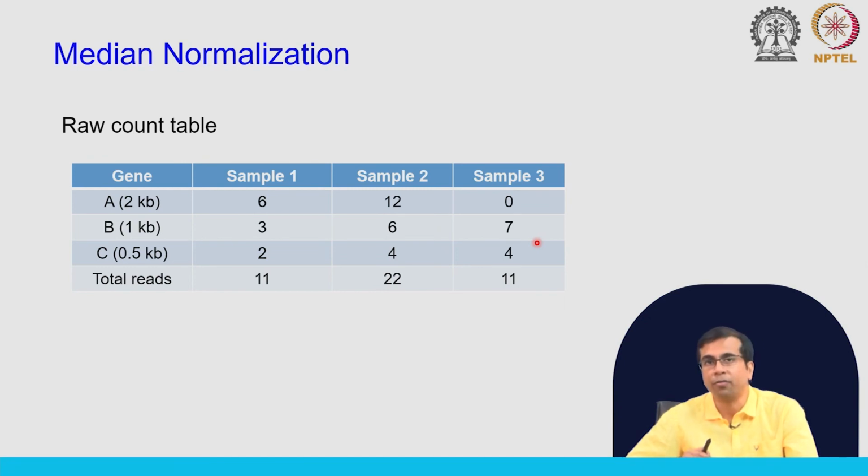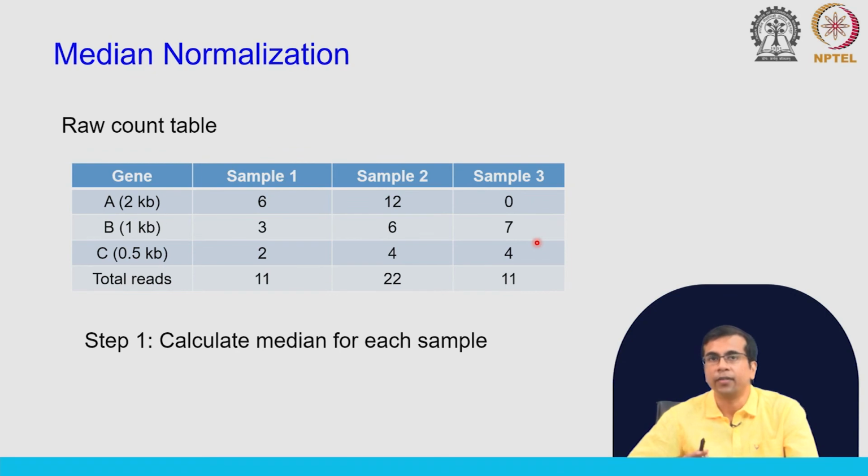So, what you have to do here is calculate the median value for each of these samples. You have these read counts. So, for sample 1 you calculate the median value, for sample 2 you calculate the median value, for sample 3 you calculate the median value, and then you scale by the median value. So, you scale each of these read counts with the median value that you get from each sample. Okay.